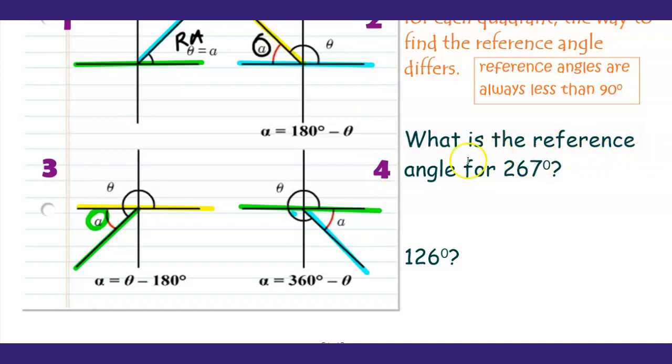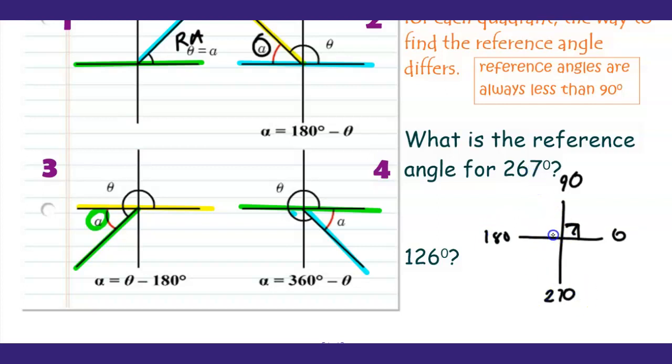This says, what is the reference angle to 267 degrees? We're going to get practice on making a unit circle, but we know that this is 0, this is 90 degrees, that's the little box, 180, 270.